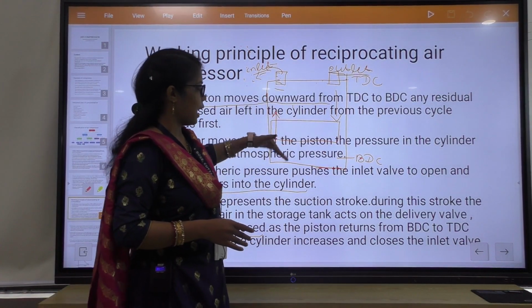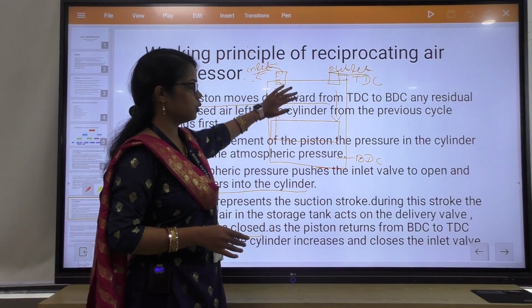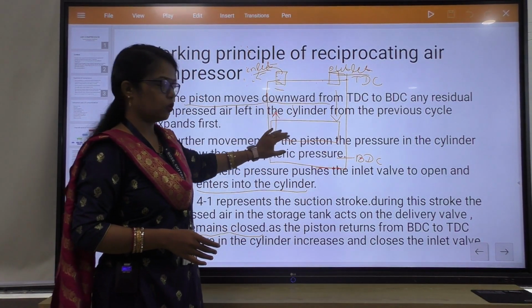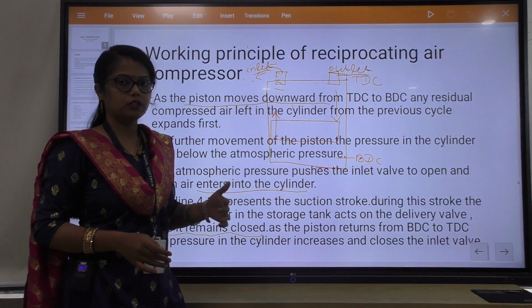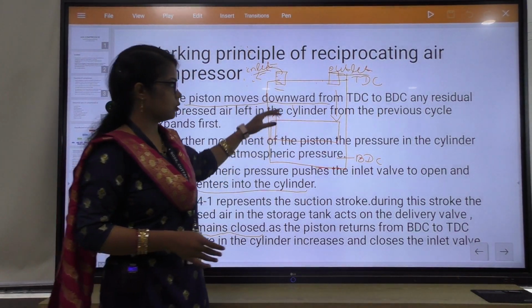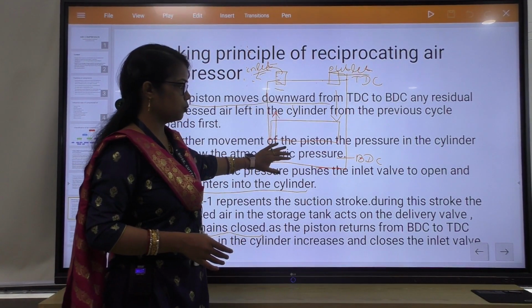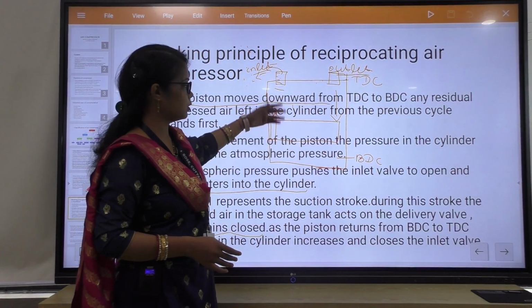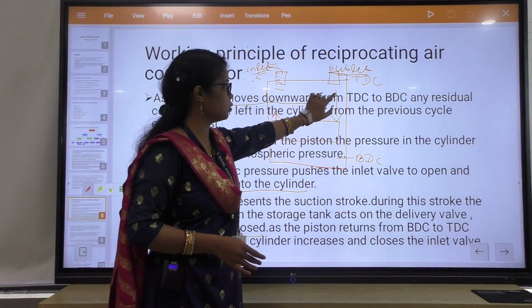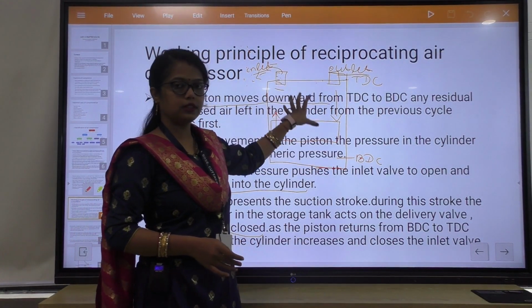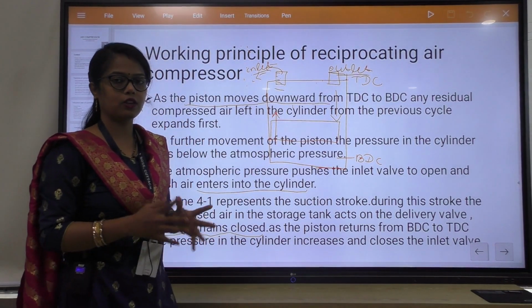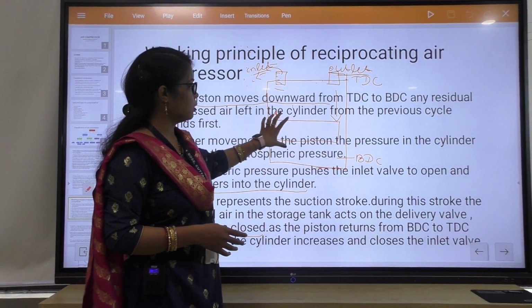Then after that, the piston is moving in one revolution. First it is moving in the downward direction, and after that when it is moving from BDC to TDC, the air inside the cylinder is getting compressed by the piston.